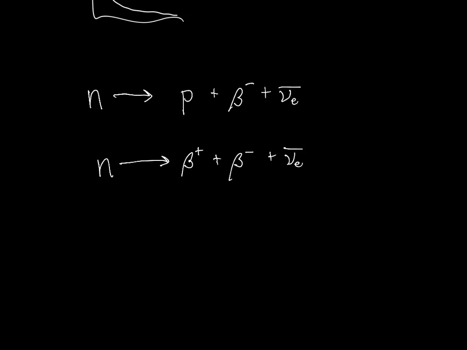Positron is a positive electron. So we got a positron, an electron plus an anti-electron neutrino. This would be another answer you could give. Still cancels out. Still conserves charge on both sides.